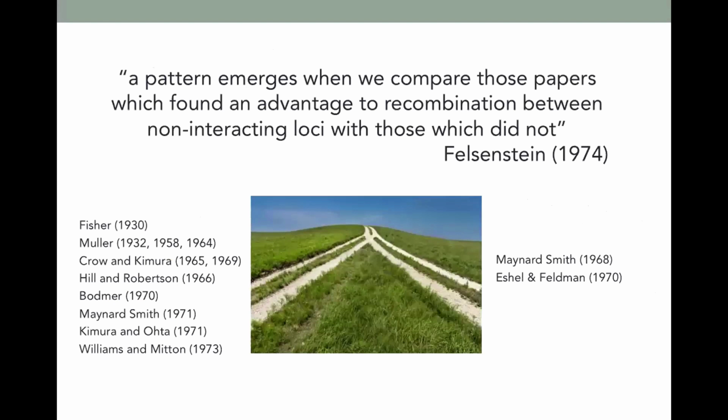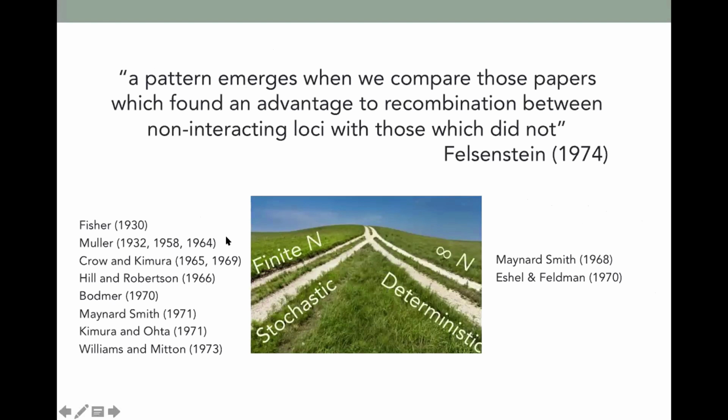So which is it? At this point, Felsenstein in 1974 published a really important synthesis paper that took a look at those studies that had found an advantage to sex and recombination when there were no fitness interactions between loci, and those papers that did not find such an effect. And he noticed a major difference, and that was how they modeled evolution.